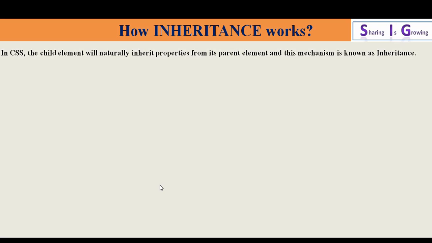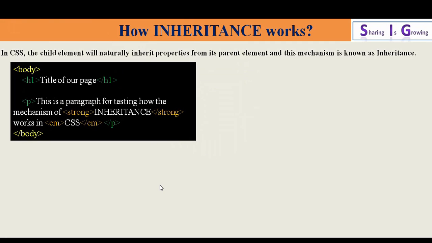Okay, let me take a simple example to give you a better understanding of the concept of inheritance. This is the general thing that we took from the HTML file, and if you observe carefully, here we have the body element, an h1 header element, a paragraph element, a strong tag, and an emphasized element.